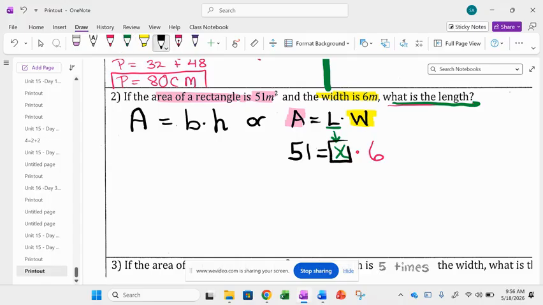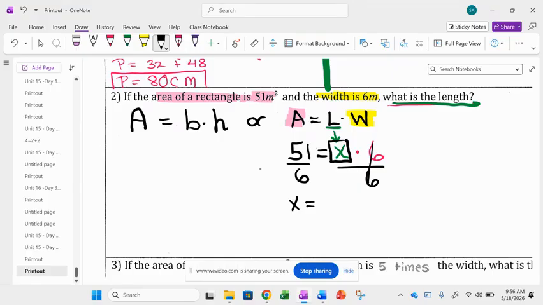Do we agree we need to get x all by itself? Well, x and 6 are being multiplied. So to undo that multiplication with the 6, what should I do to it? Divide it. Very good. So I'm going to divide by 6 on both sides. So x is going to equal 51 divided by 6. 6 does not go into 51, but 3 does go into both of these.